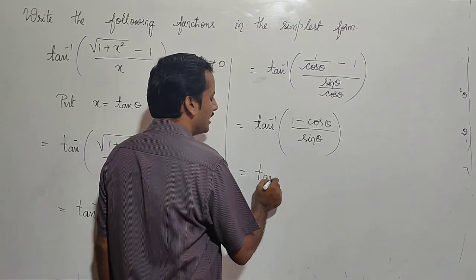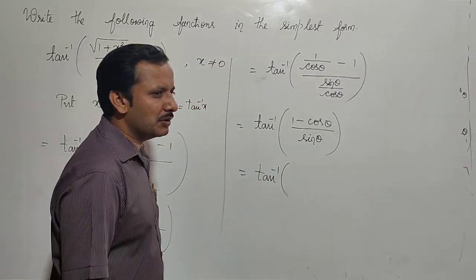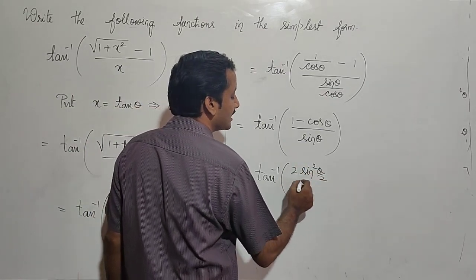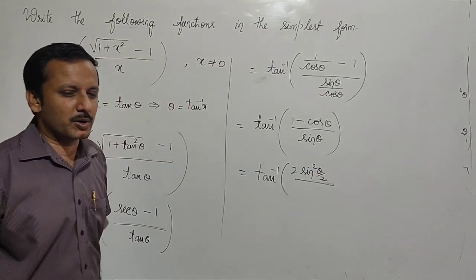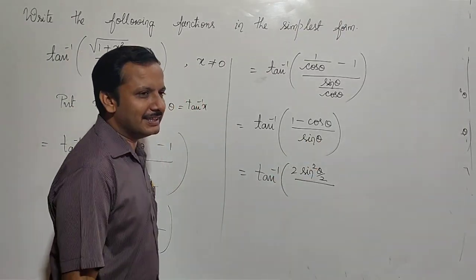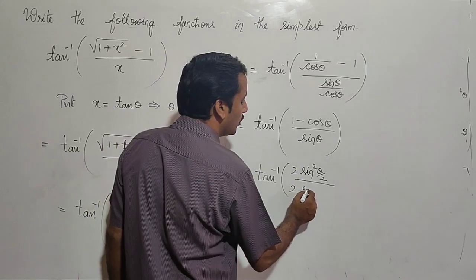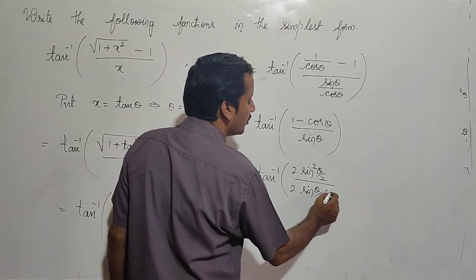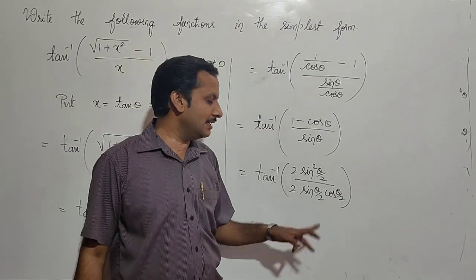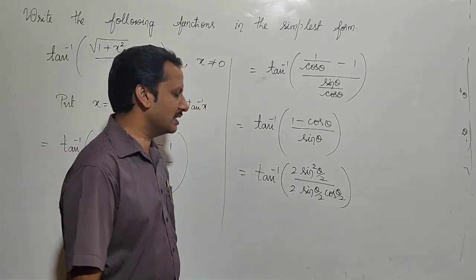Then 1 minus cos theta is equal to 2 sin square theta by 2, which we have discussed in our previous problem also, and in the first quiz also, of course. Then sin theta, you can write it as 2 sin theta by 2 cos theta by 2. 2 gets cancelled, sin theta by 2 gets cancelled.